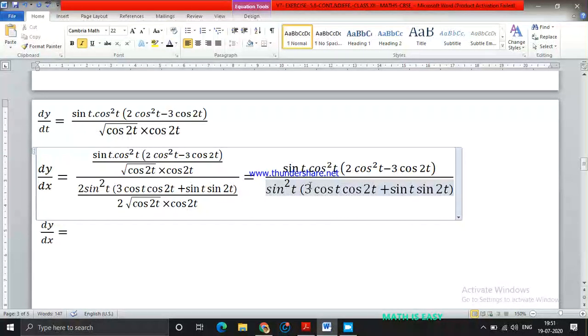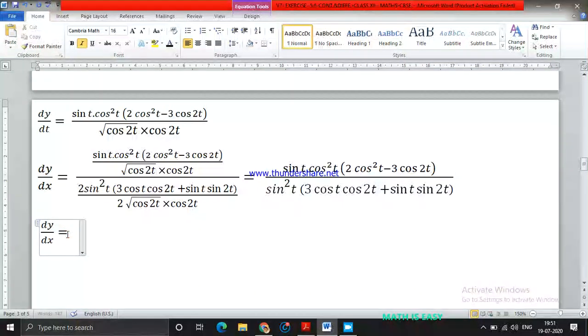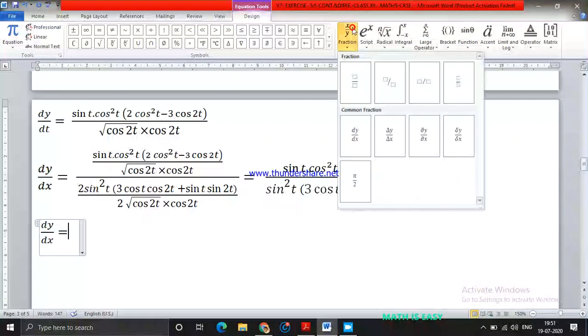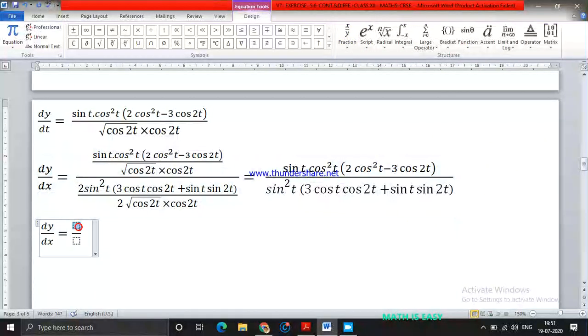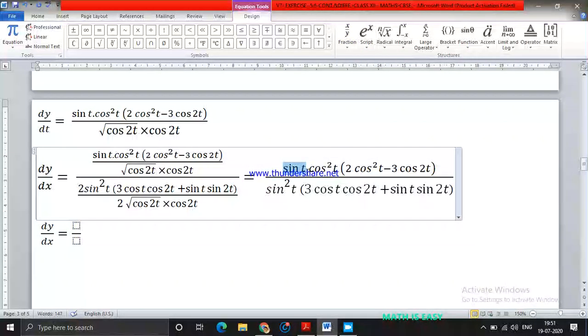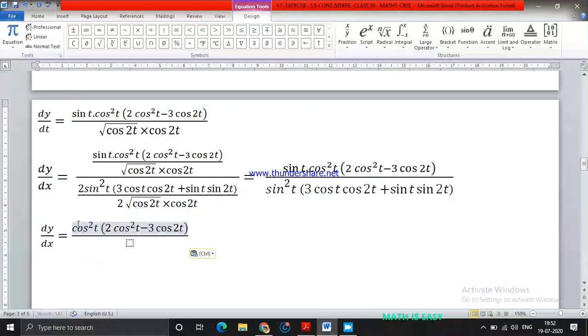Then you are left with this term. Even in the denominator, only one sin t will be left.